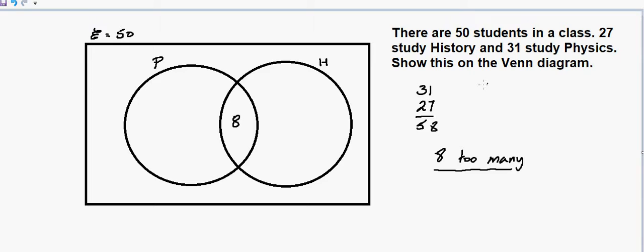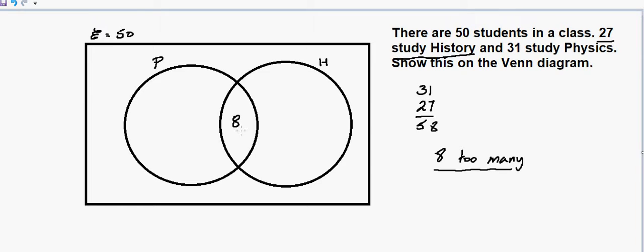So we've got 27 that are studying history. So 27 will be in this circle, but we've already got 8 inside this circle, so we can take 8 away from 27.